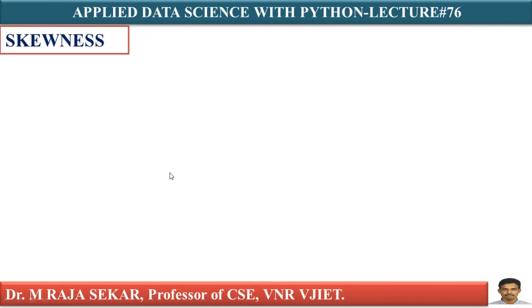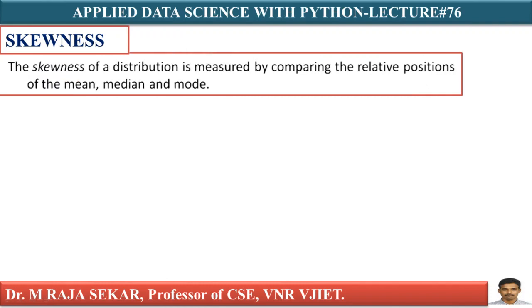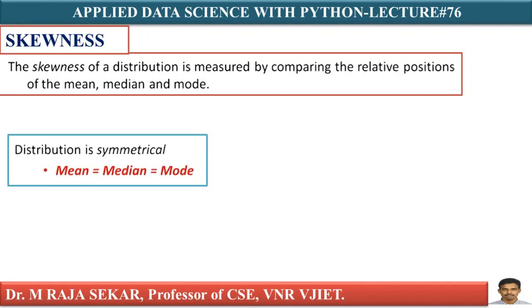I already discussed in my previous lectures how one can calculate skewness with the help of pandas and with the help of SciPy. Now I am explaining the theory behind skewness. We already demonstrated it with pandas and SciPy in my previous lectures. In lecture number 73, I discussed mean, median, mode, which can be chosen as a measure of central tendency.